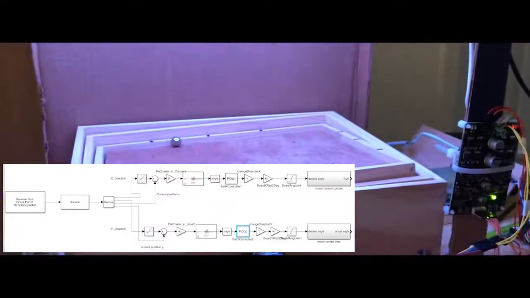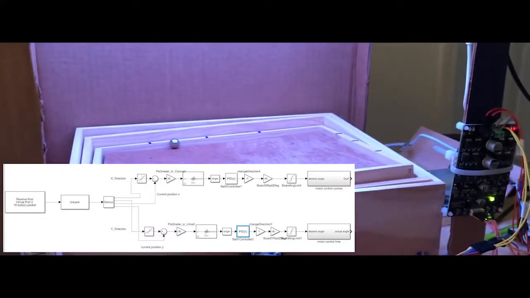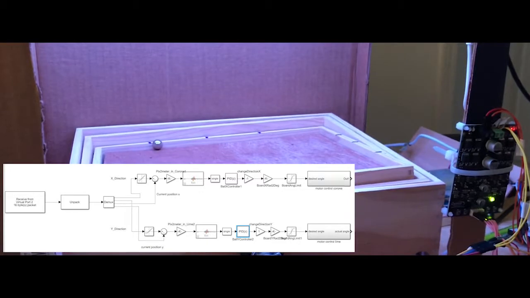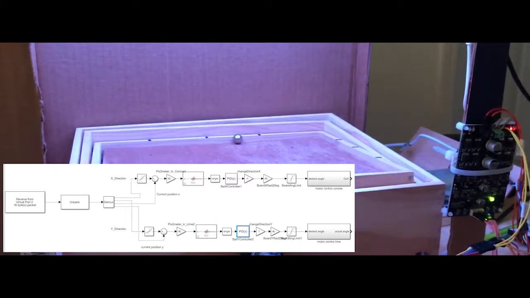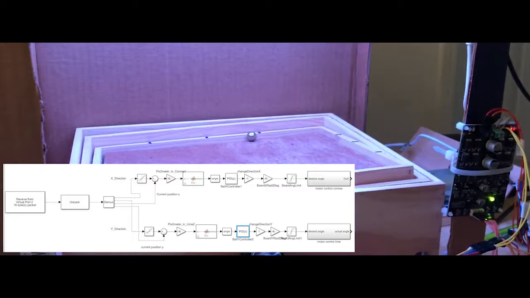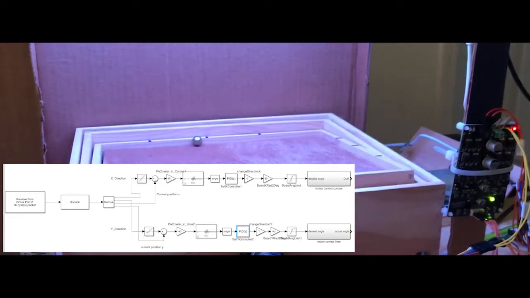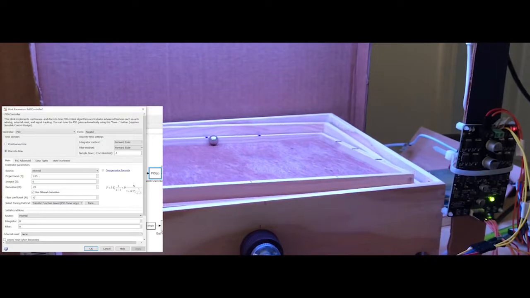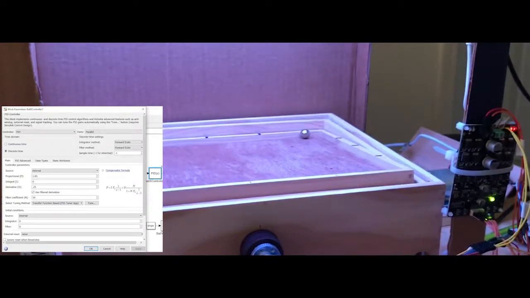We have our ball controller, which works with the response to the ball dynamics, which is how well the ball actually moves on the board based on the friction of the board and the angle from the fulcrum and all that. So if we go into it, we see that it's only a proportional derivative controller.